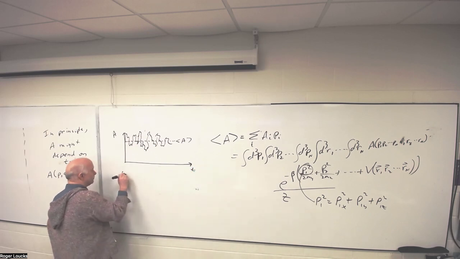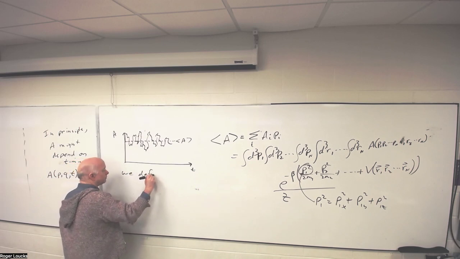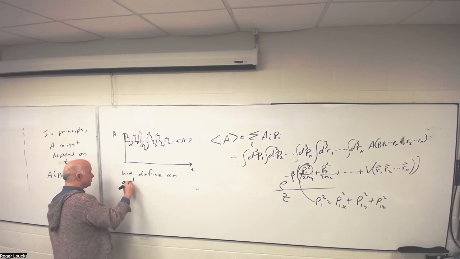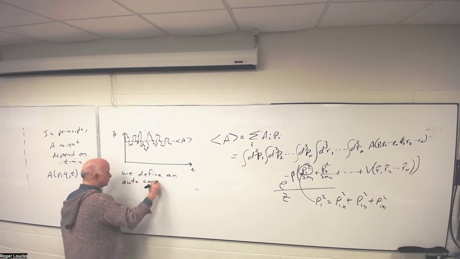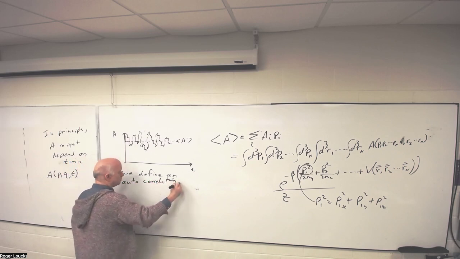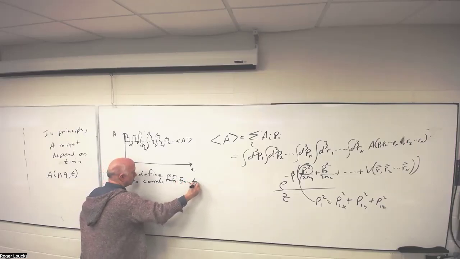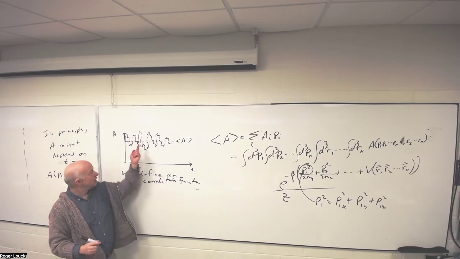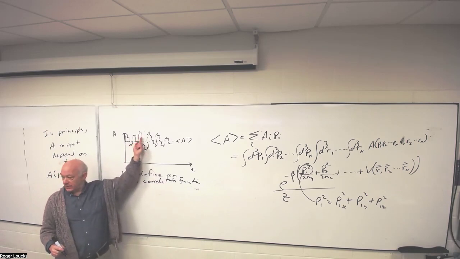So we define an autocorrelation. Basically, we're going to look at the A at one point and the A at another point.